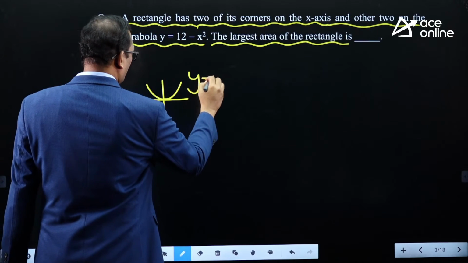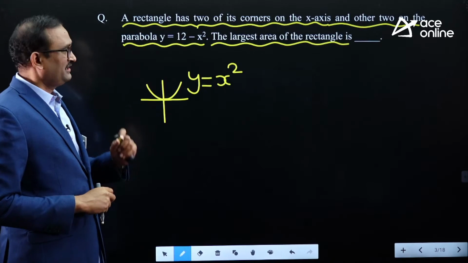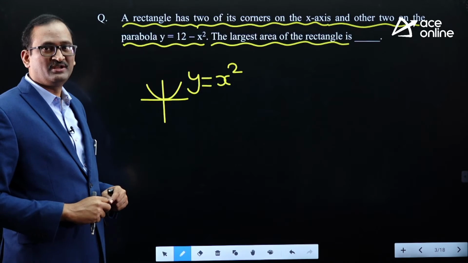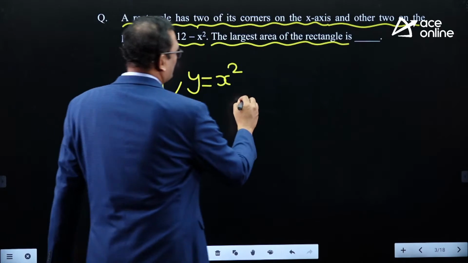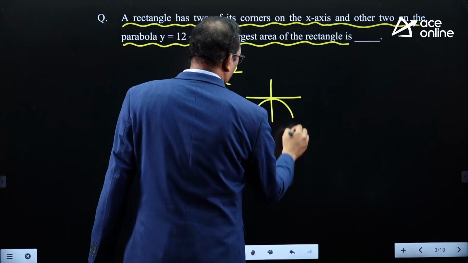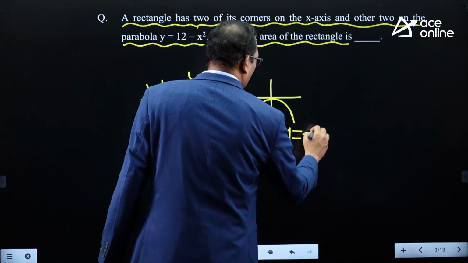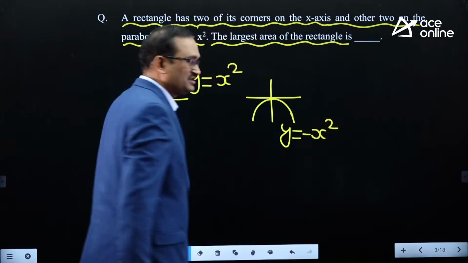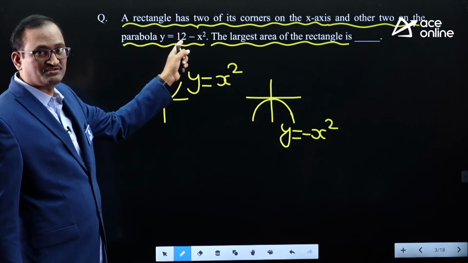This is y equal to x square. If any function is multiplied by minus 1, we get its mirror image, so y equal to minus x square is the mirror image of y equal to x square. But we want minus x square plus 12.